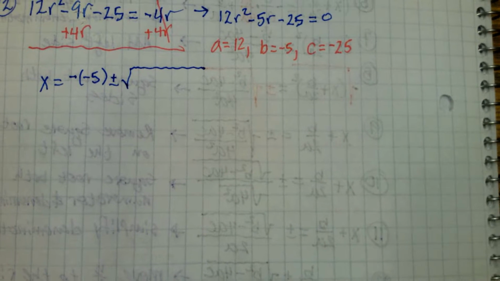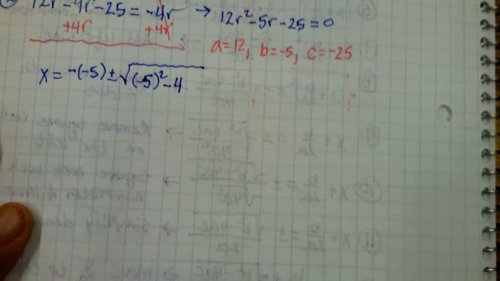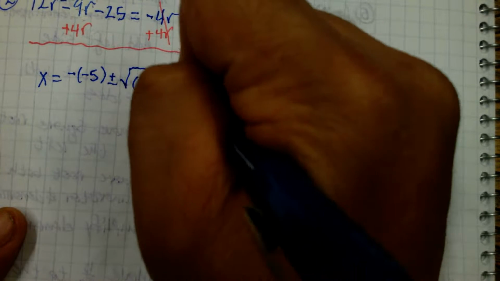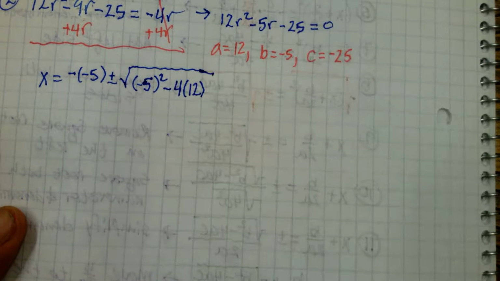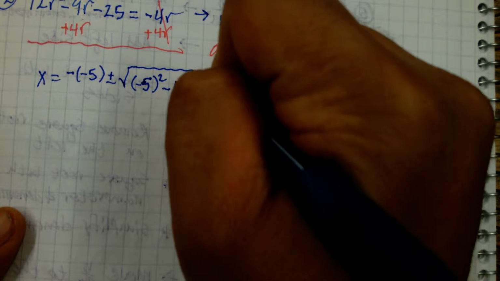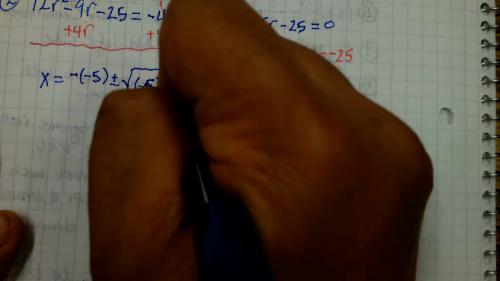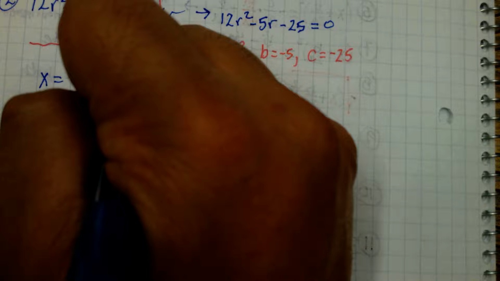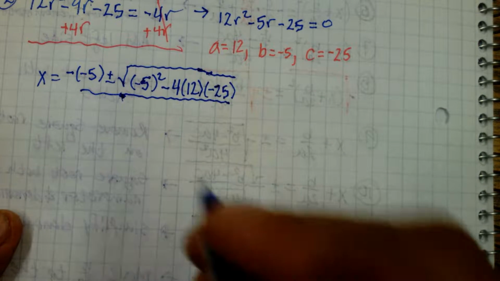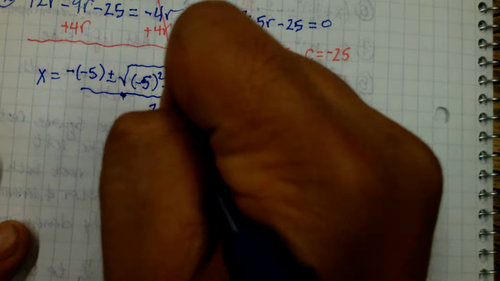But my b is negative 5, so it's going to be negative 5 squared minus 4 times my a value, which is 12, times my c value, which is negative 25, all over 2a, which is going to be 24, but I'll just leave it this way right now.